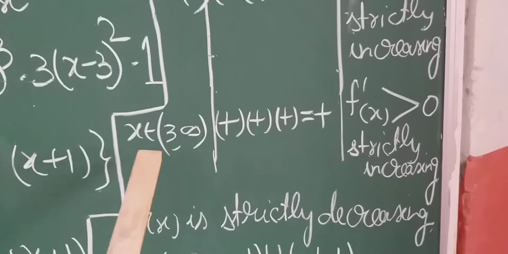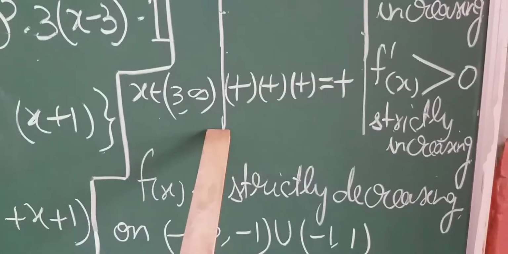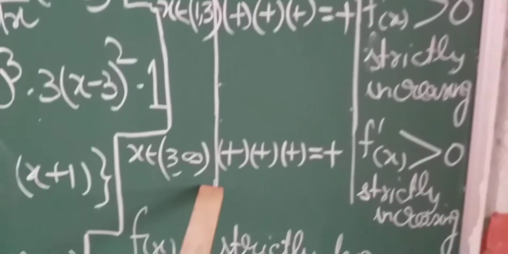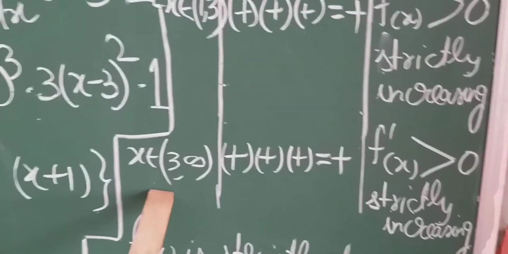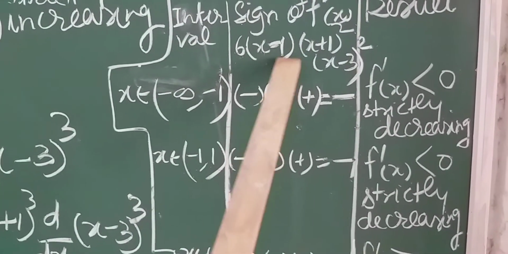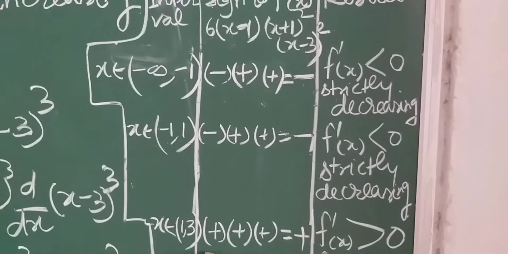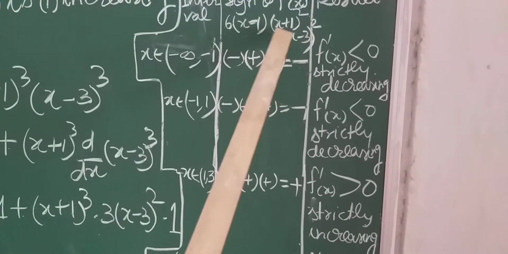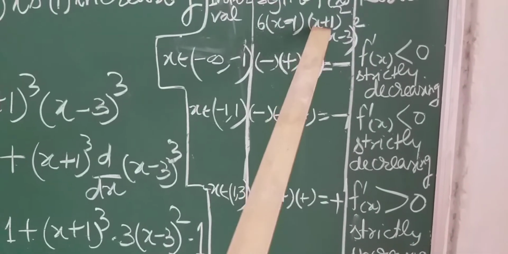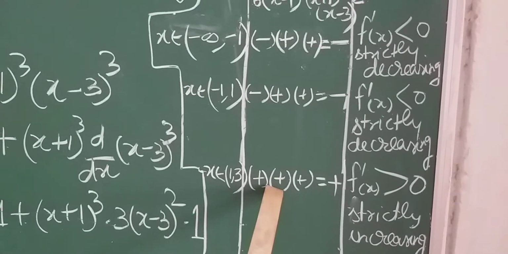Now student, last interval, if x belongs to 3 to infinity, then take any value lying between them, 4. If we put 4 here in x minus 1, 4 minus 1 is 3, it is positive, student. Now if we put 4 in (x plus 1) whole square, it will become 5 whole square, means 25, positive.